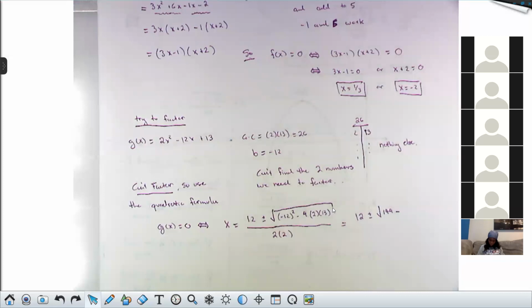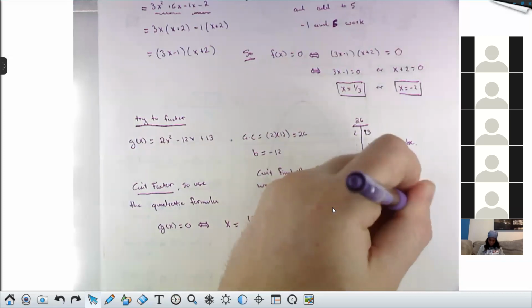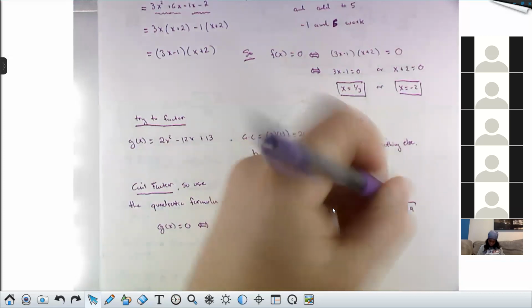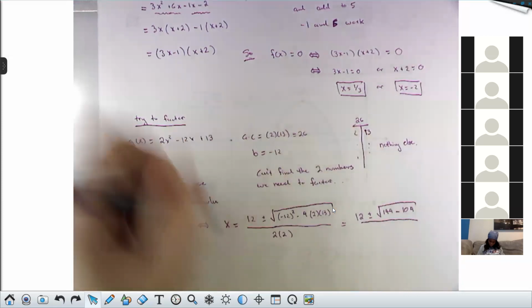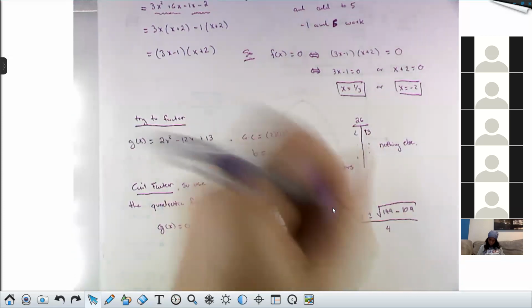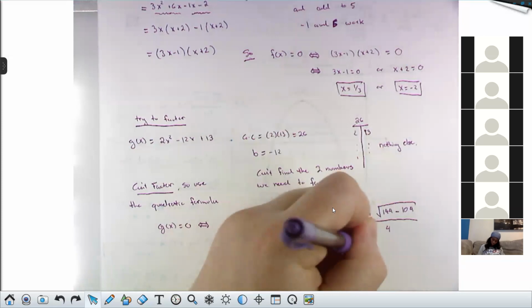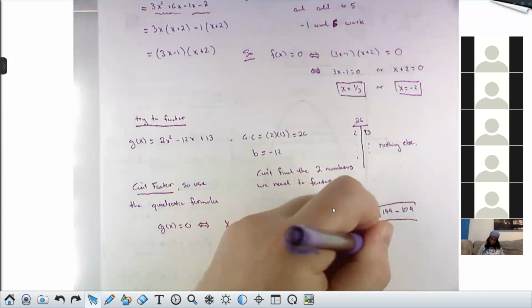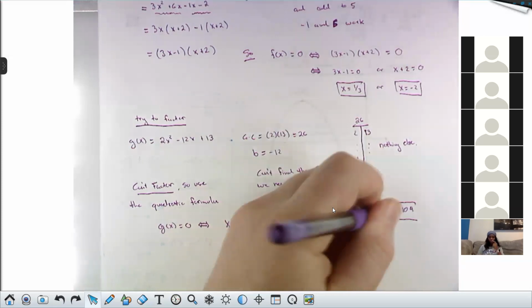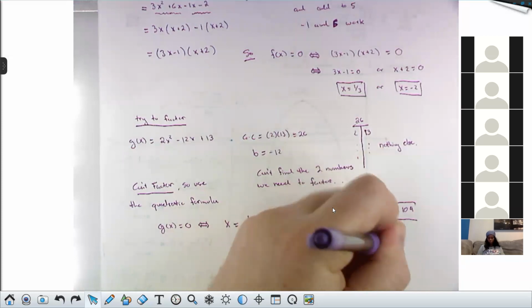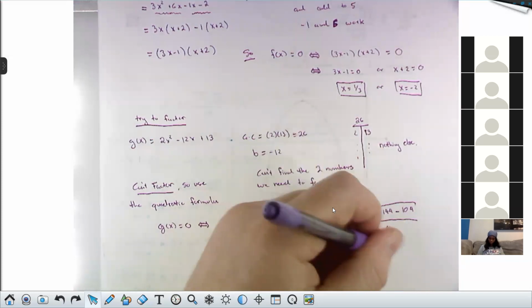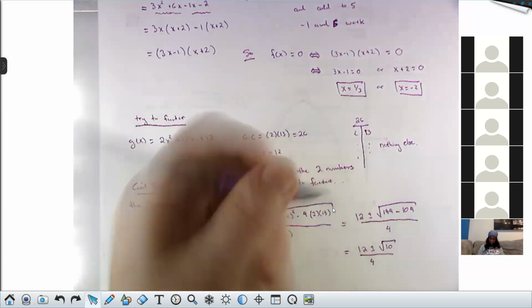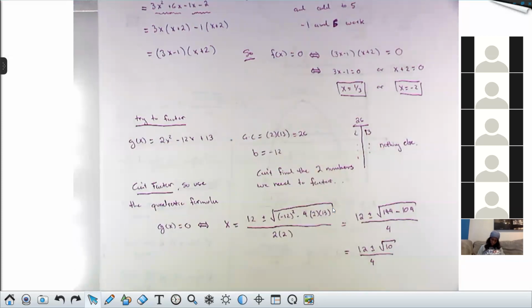So 26 times 4 is 104. And all of that is over 2a, 2 times 2, which is 4. So this is 12 plus or minus the square root of 144 minus 104 is 10 all over 4. And there's not a whole lot we can do with this.